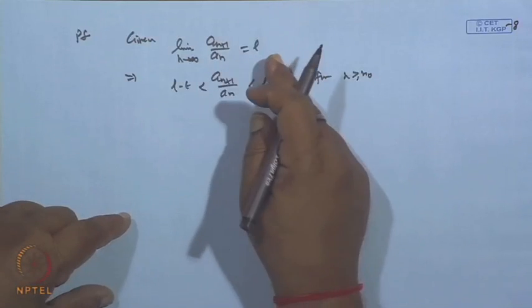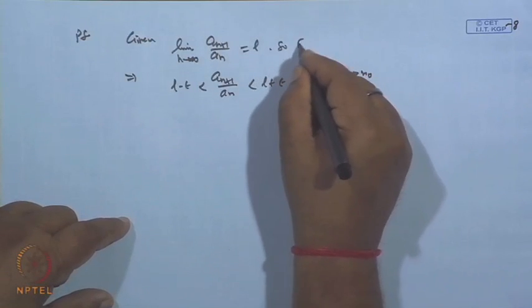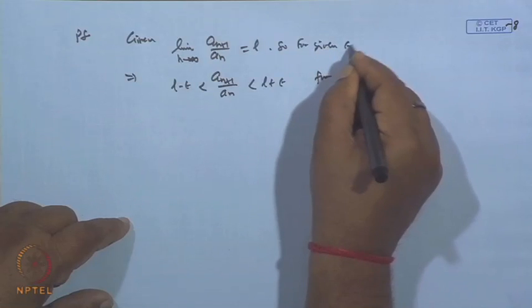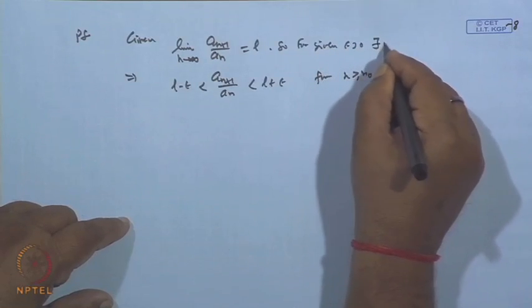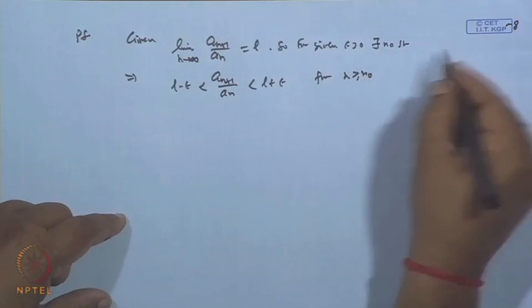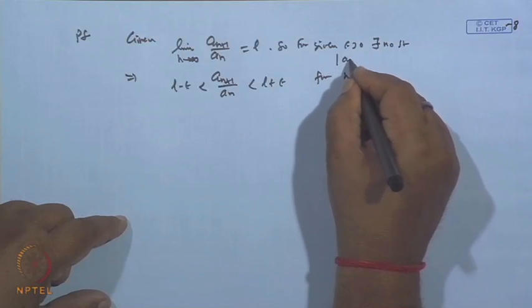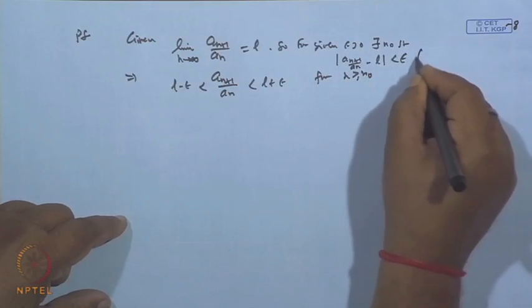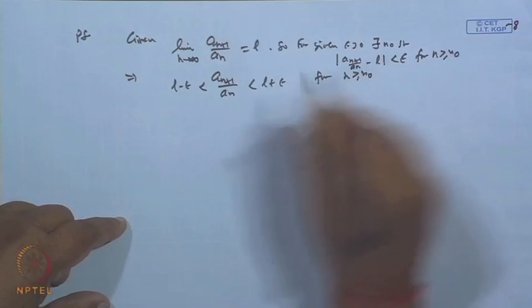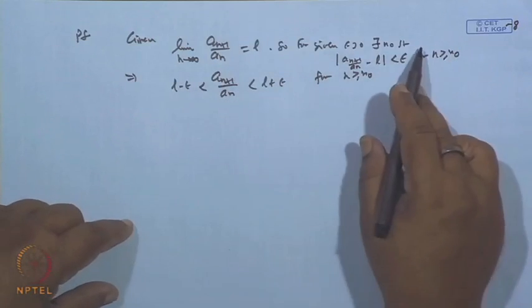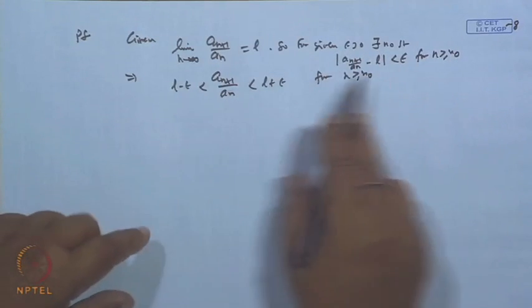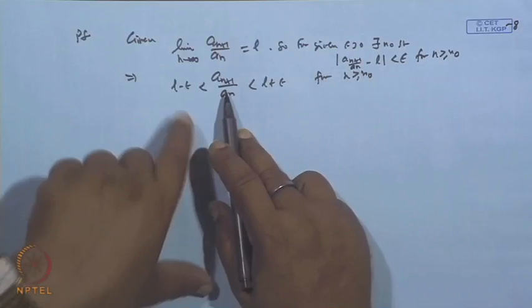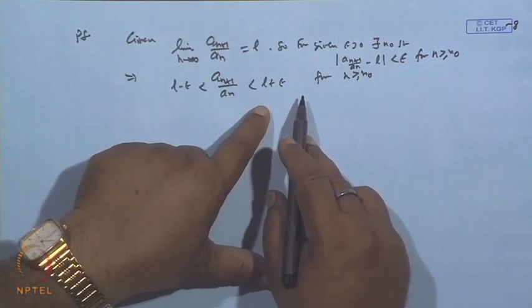For a given epsilon greater than 0, there exists n naught such that the modulus of a n plus 1 by a n minus L is less than epsilon for n greater than n naught. So, there exists some n naught depending on epsilon. It means the term lies between L minus epsilon and L plus epsilon.